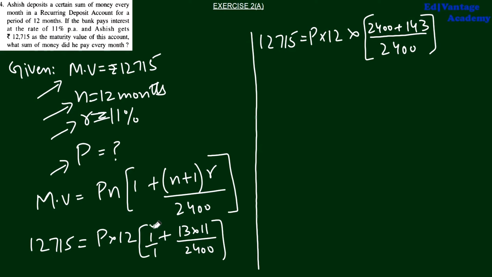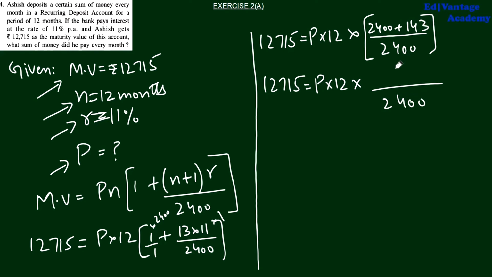This got multiplied by 2400, and this part got multiplied by 1. So 12,715, I'm still not touching any 12, 2400, and when you add it, it becomes 2543. Correct? Now when you see, 12 can go with the denominator, since there is multiplication in between. If there was plus in between, we can't cancel, we have to take LCM to add it, or use BODMAS. 12 into 2 is 2400, 200.